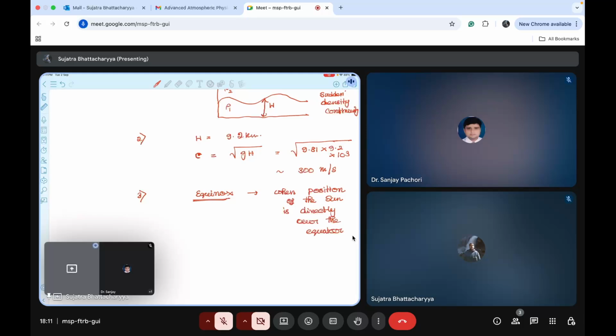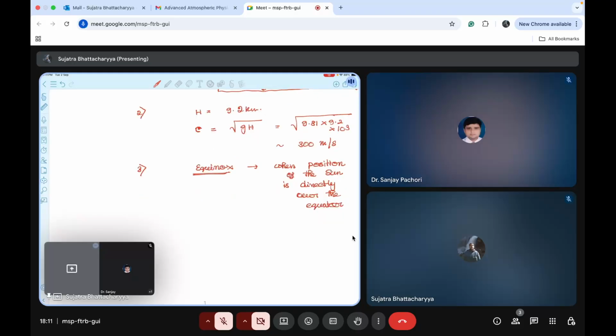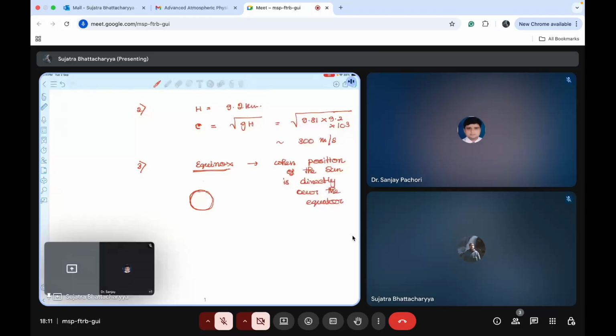Okay, so this is your earth, suppose, and there is a tilt of the earth, of course. So when the sun's direct radiation falls over the equator, that is the equinox time.